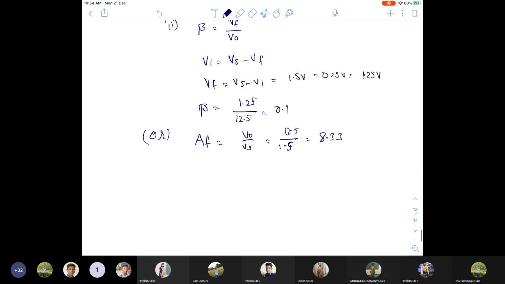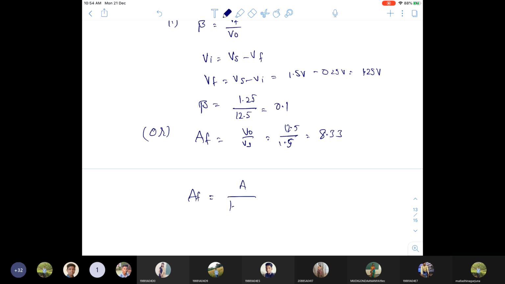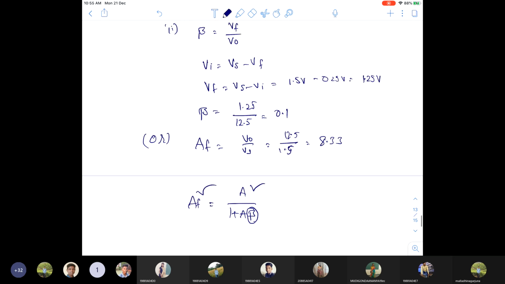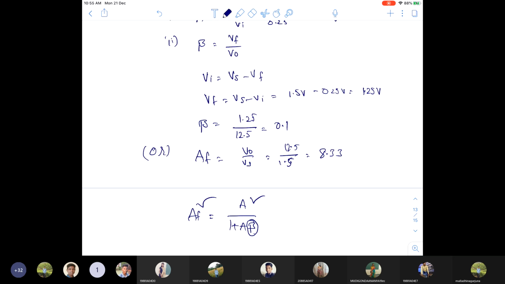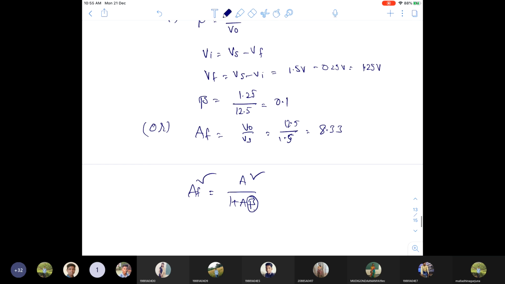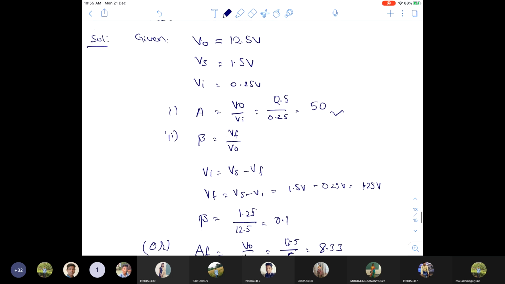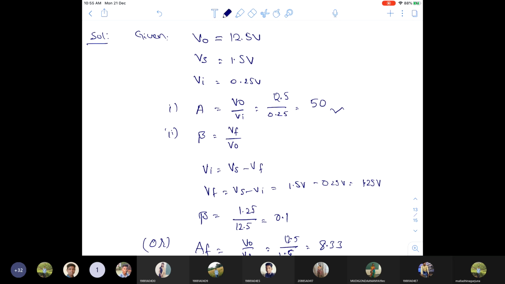So AF is equal to A by 1 plus A beta. AF is known, A is known, so you can calculate beta. Two ways: directly take beta equal to Vf by V naught, or go with AF equal to A by 1 plus A beta. Right?